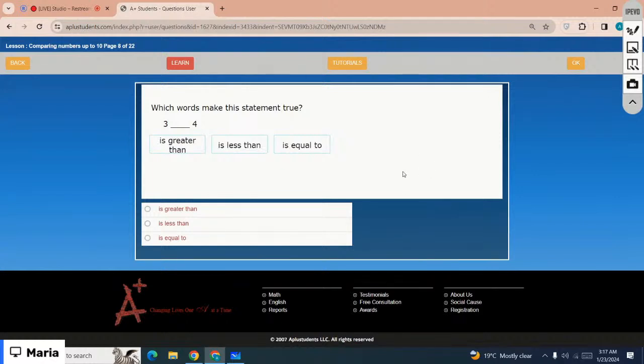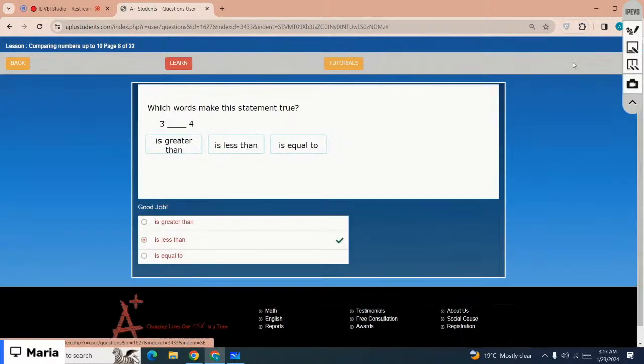Yes, that is less than 4. 3 is less than 4.